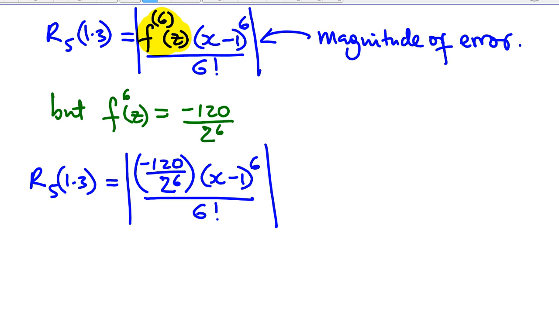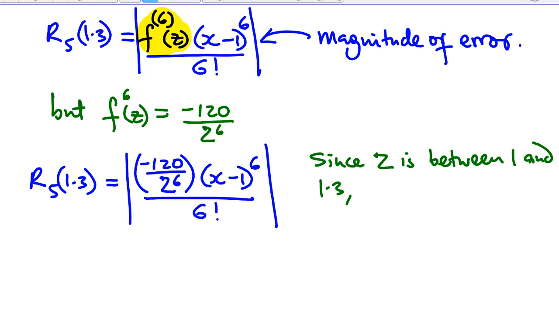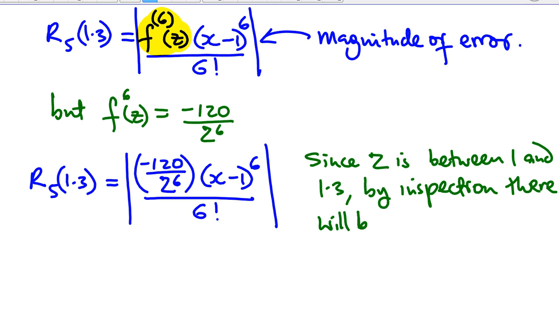Let me write this statement here: since z is between 1 and 1.3, by inspection, there will be a larger error if z is equal to 1.